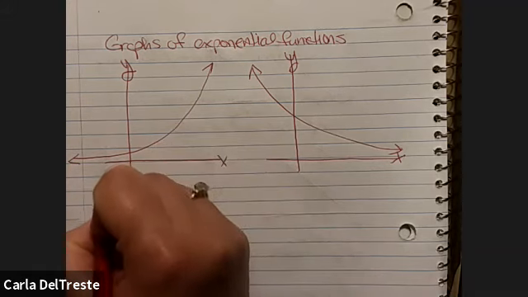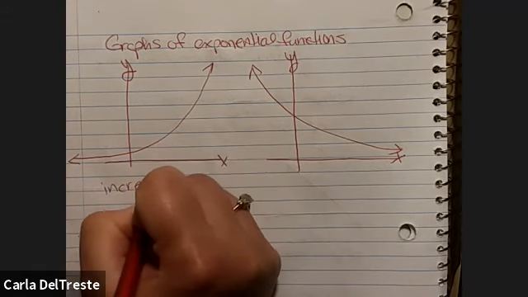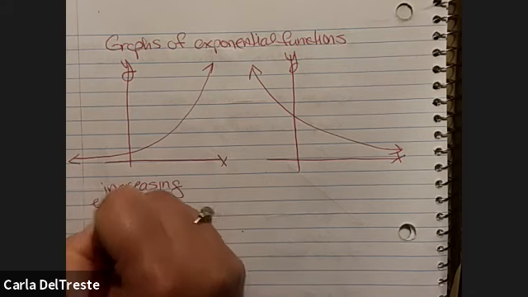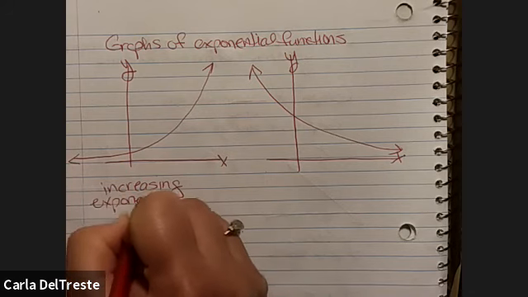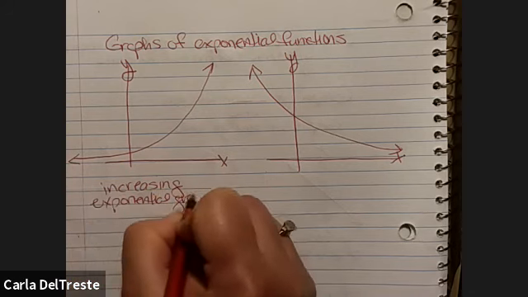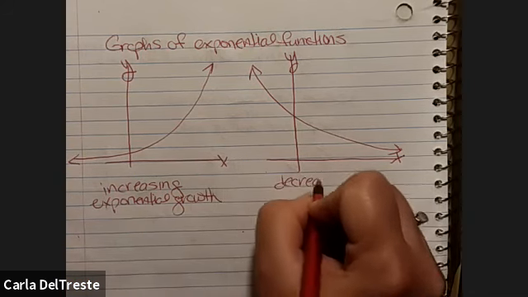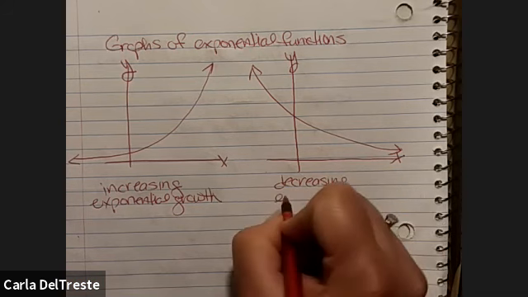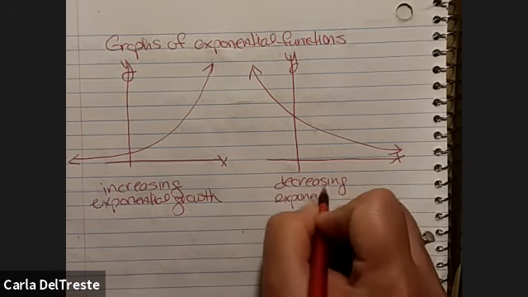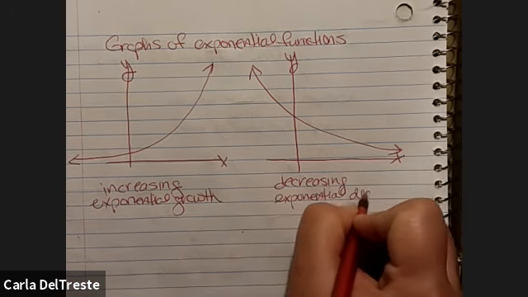This one, yes, it's increasing, but it's also called exponential growth. And this one, yes, it's decreasing, but that's also called exponential decay.